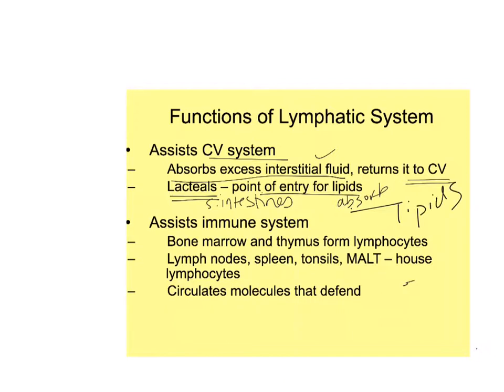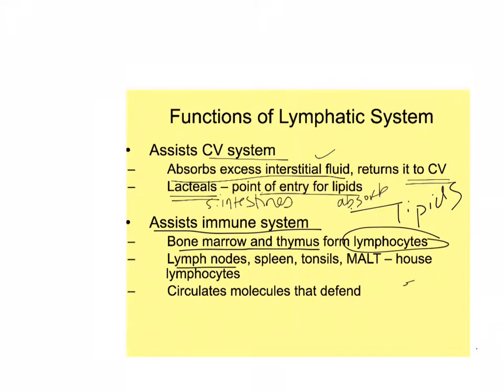Okay, now, the lymphatic system also is going to be important in immune function. So it assists the immune system. The bone marrow and the thymus are going to form lymphocytes, which are a type of white blood cell.